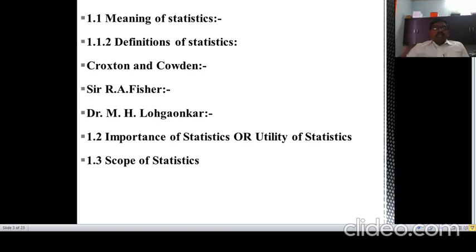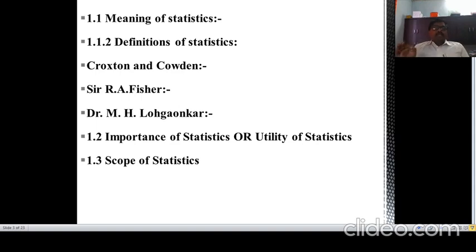We can get idea about the shape, spread, symmetry of the data, interrelation between two or more variables can be measured using statistical technique. Statistical methods help in planning, controlling, decision making.